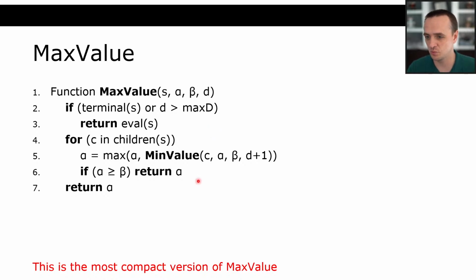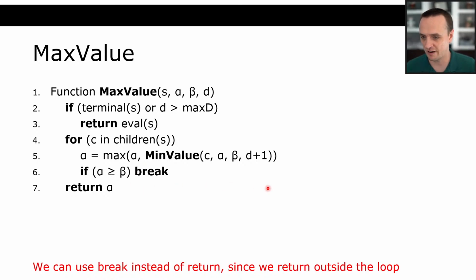Now watch this, this is really interesting as well. Here in this loop, if alpha is greater than or equal to beta, return alpha. What is another way that I could return alpha here? Well, it turns out if instead of returning alpha, I just break out of this loop, the next line of code is also returning alpha. So if I replace this return alpha with just break, then it's the exact same thing, right?